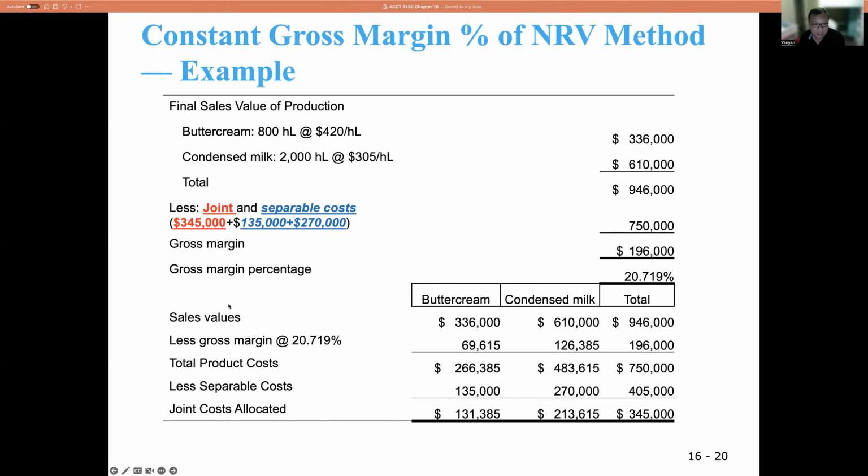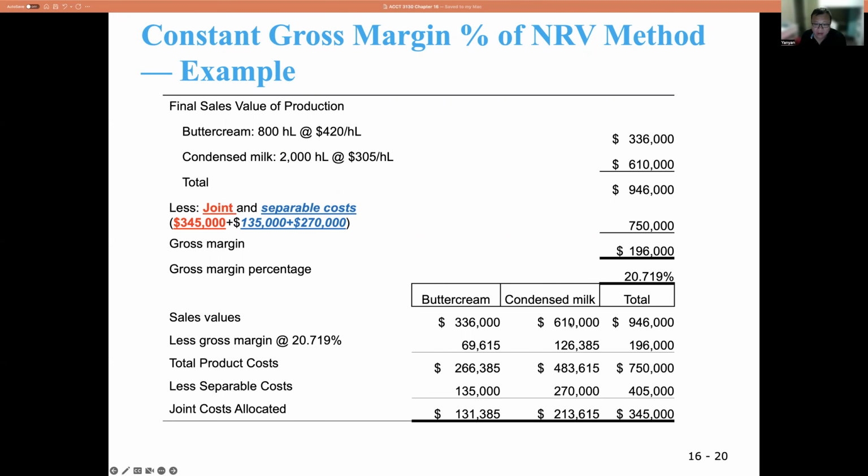Now I'm hoping my buttercream and the milk both have a gross margin equal to 20.719%. Our sales numbers are 336K from 800 times 420, and 610K, which also comes from the top, 2,000 times 305.